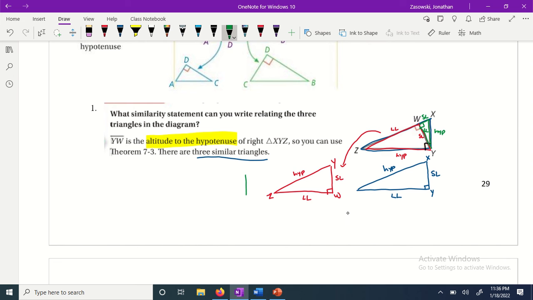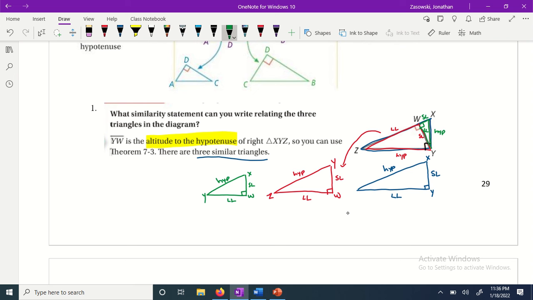So we're going to draw kind of a mini-me triangle here. All right, we know the right angle is down here where W is. We know the short leg goes from W to X, so that's here, the short leg. The longer leg goes from W to Y, so that's here. And then this side, XY, becomes our hypotenuse.